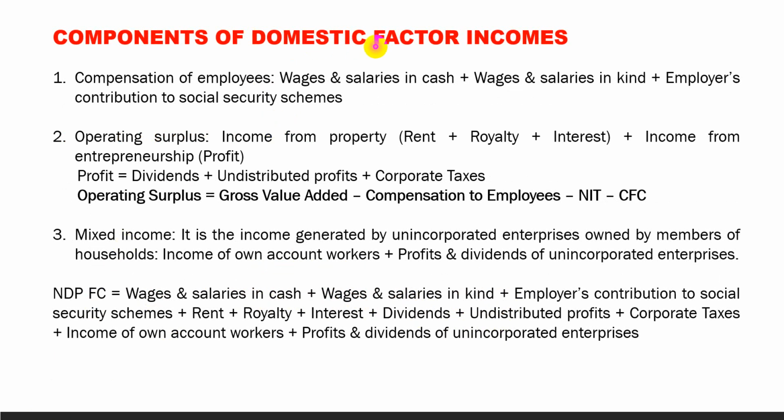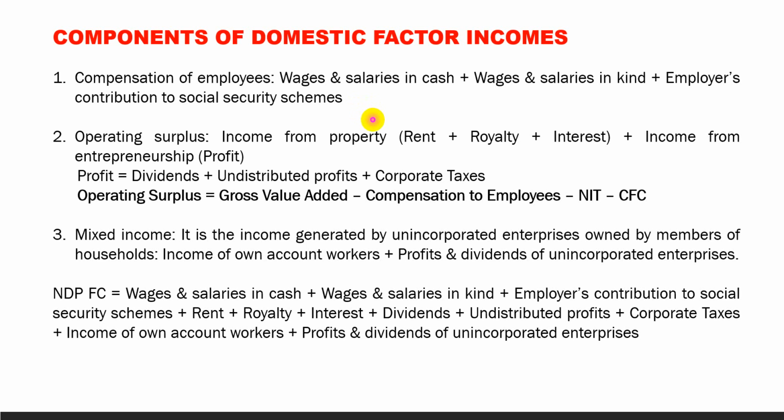Components of domestic factor incomes. Compensation of employees includes wages and salaries in cash, wages and salaries in kind, and employers' contribution to social security schemes. Now let us know what the wages and salaries in cash. Wages and salaries in cash refers to all monetary payments which employees receive in respect of their work from employer.